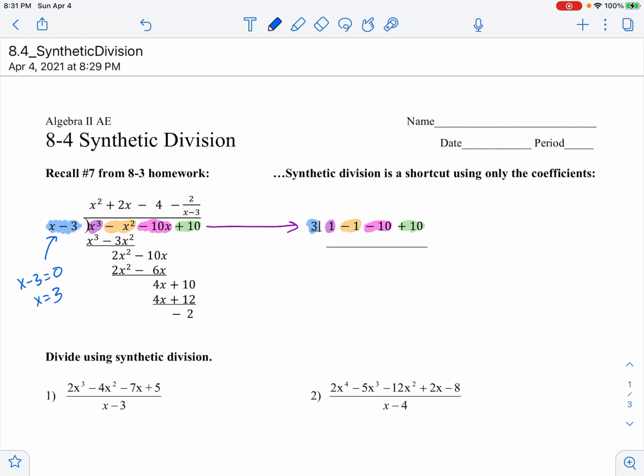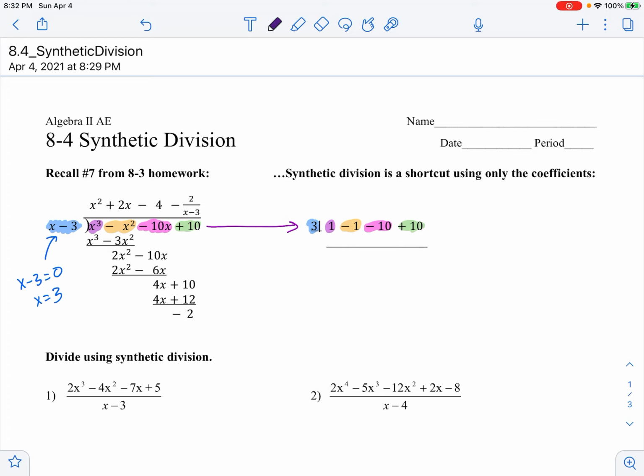Now, this isn't actually a root because we got this remainder in the end. But if we were thinking about this as roots, then our root here would be 3. That goes back to that binomial of x minus 3. All right, so now we have another algorithm for synthetic division, but it is a whole lot quicker.